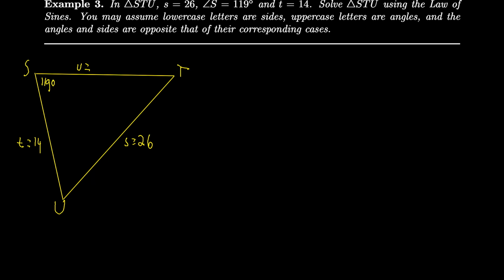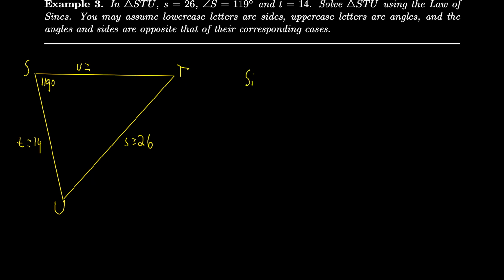So the very first piece of information that we're probably going to have to solve for, well, let's just see. We have the relationship of S to s, so let's go ahead and write that down. And we know that we're probably going to have to involve this T somehow, so we're going to have to solve for its corresponding part as well. Since we're solving for an angle, let's put the angle part on top.